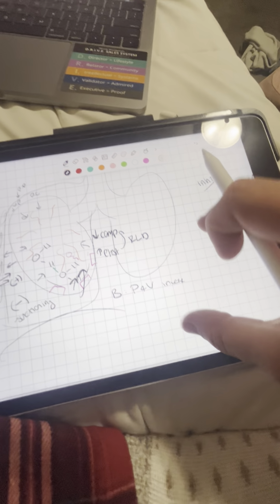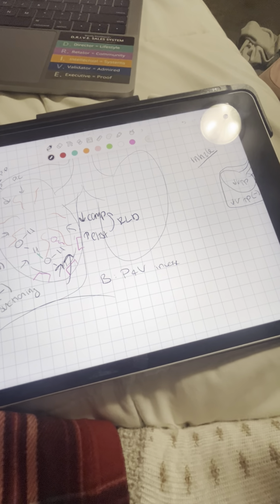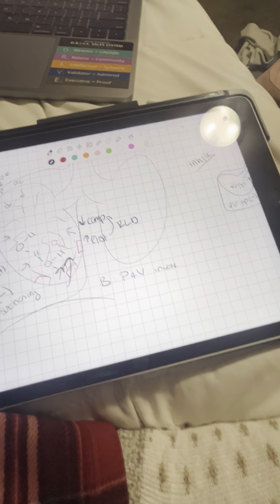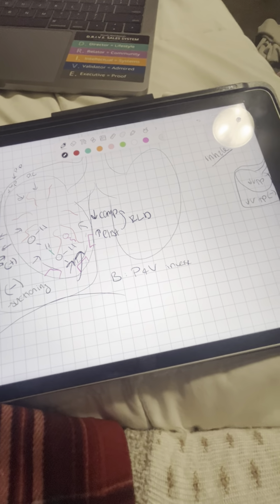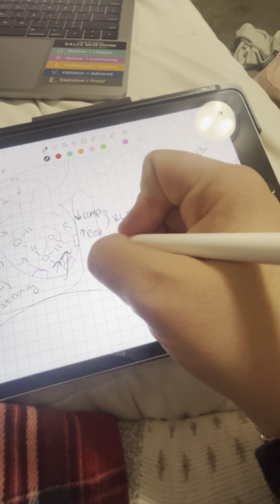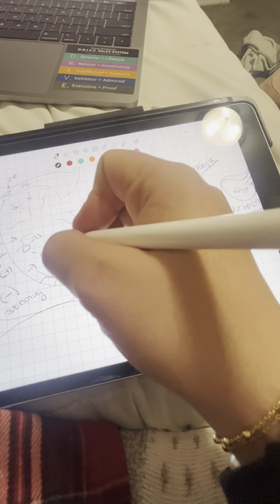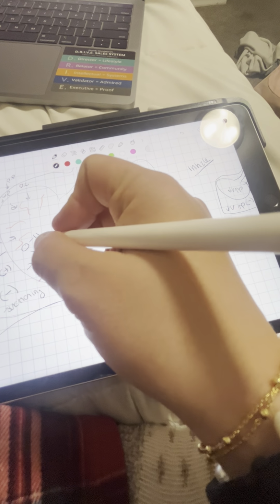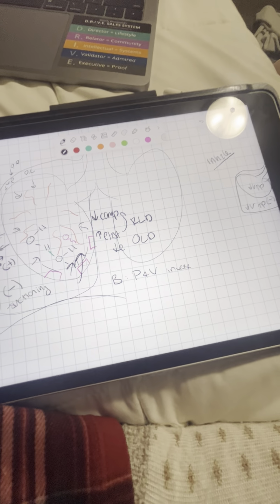Compliance is going to be how easy it is to inhale, to get air in, and then elastance is how easy it is, I guess, to push air out. And so if you have an obstructive lung disease, then you're going to have decreased elastance because these fibers are broken, or you have a problem with your surfactant, so that's going to cause that to go down.